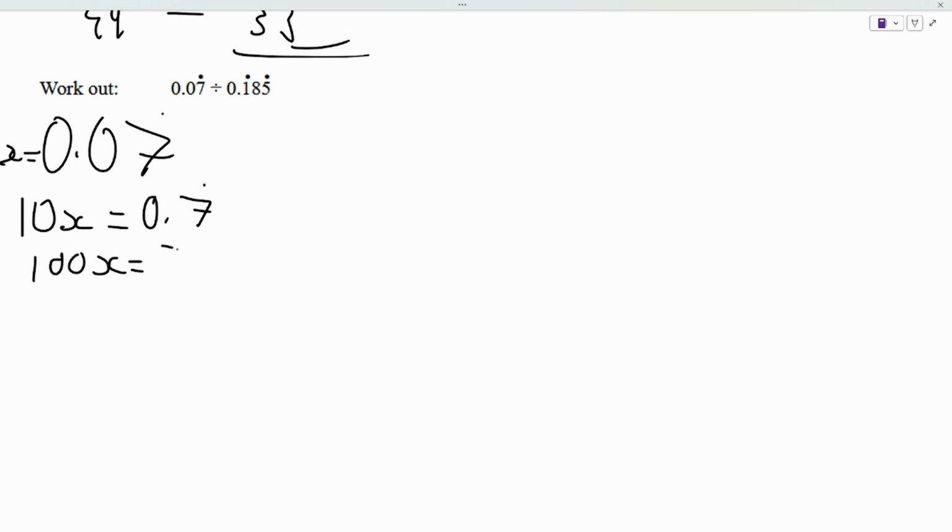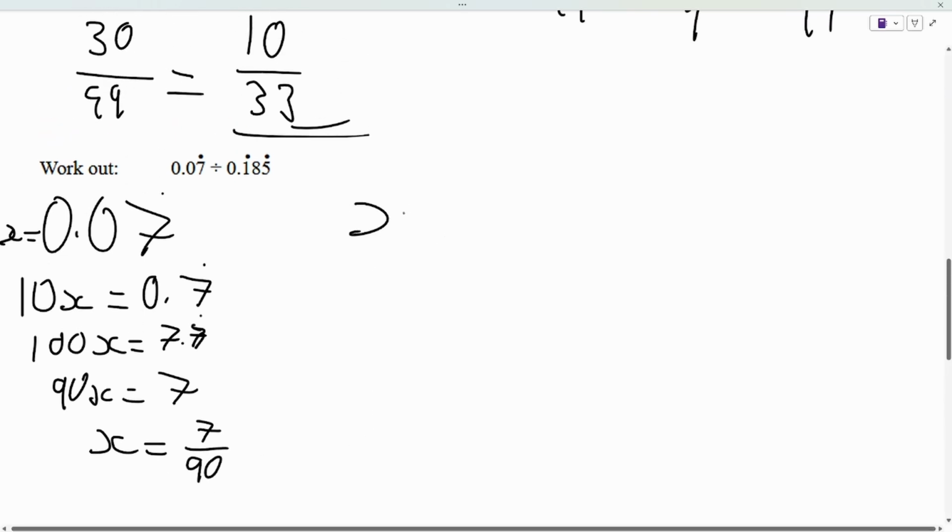But with 100x, we get 7.7 recurring, which does line up, so it works. So 100x take away 10x is 90x, 7 take away 0, 7. So x equals 7 over 90.